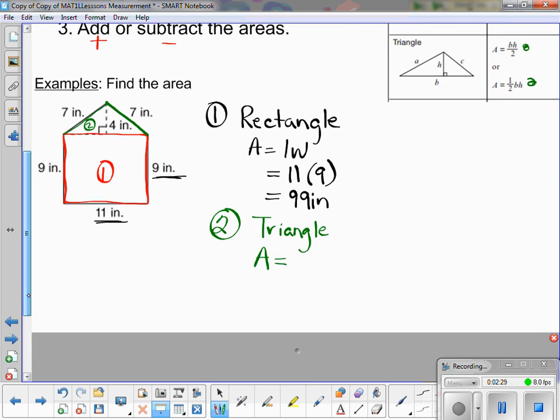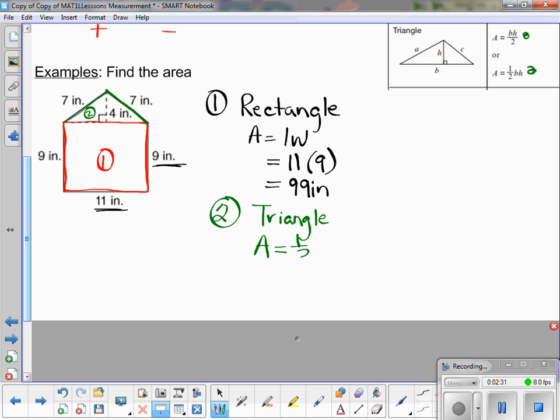This time I'm going to use 1/2 the base of my triangle. What is the base? Well, my base of my triangle is this whole distance here. That length is the same length as my rectangle. So that means I can use the number 11.